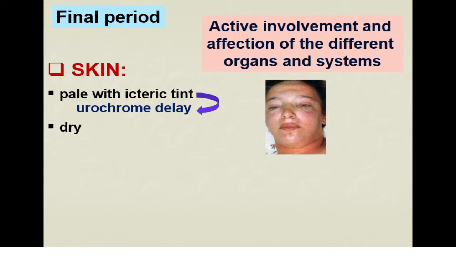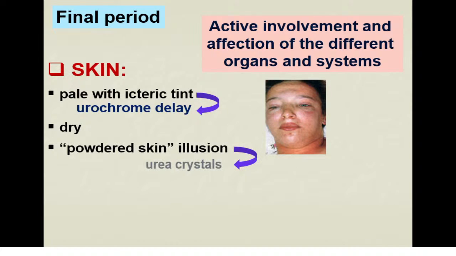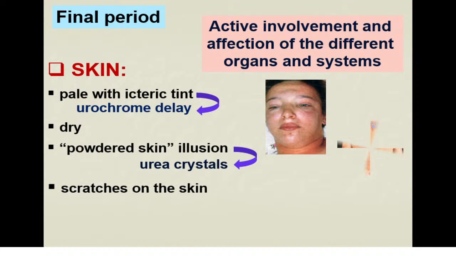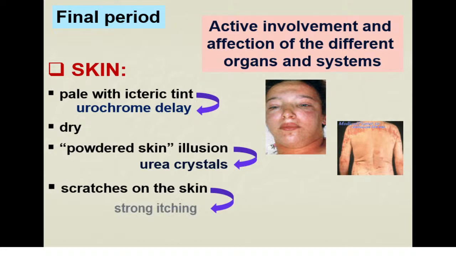It is dry because urea, which is removed through the skin, decreases its elasticity, and there will be an illusion of powdered skin due to collection of urea crystals on the skin. As a result, the patient feels severe skin itching. The doctor reveals scratches on the skin.